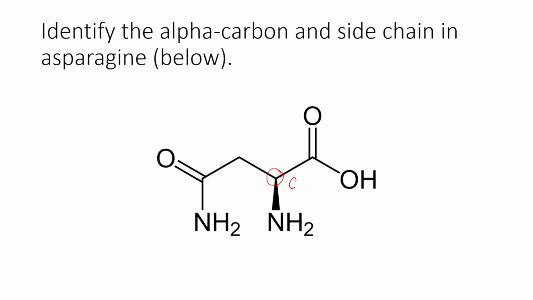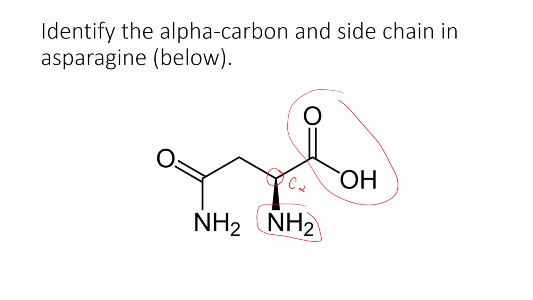Excellent. So it's part of the amino acid backbone. The basic backbone of our amino acid has our amino group, which is here, our alpha carbon, which we just circled, and our carboxyl group. So that's the backbone. Where's the side chain?